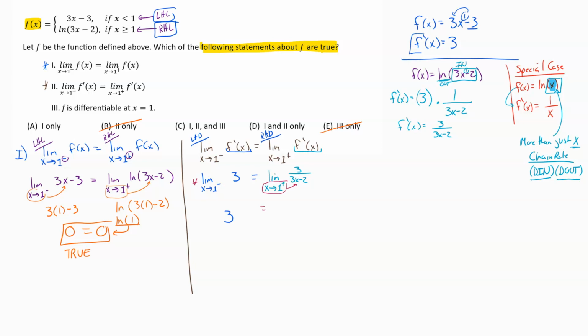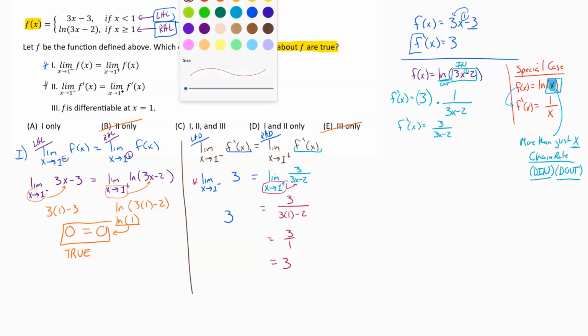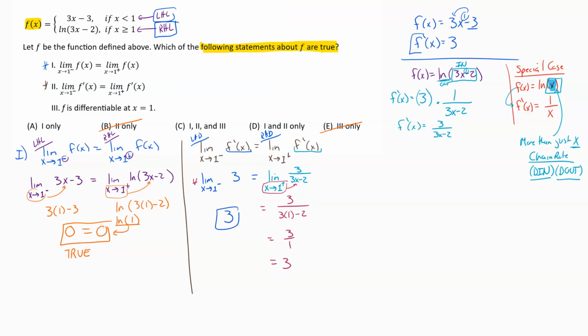So we would plug in 1 for x. So that would be 3 times 1 minus 2. So we would end up getting 3 over 1, which would equal 3. And so here we can see that this side was 3 and the other side was 3. So those two things are equal. So again, we know that that statement is true. So 1 and 2 are both true right now.